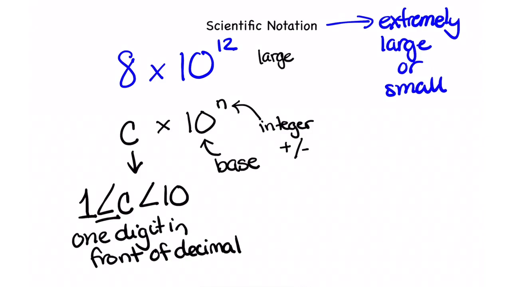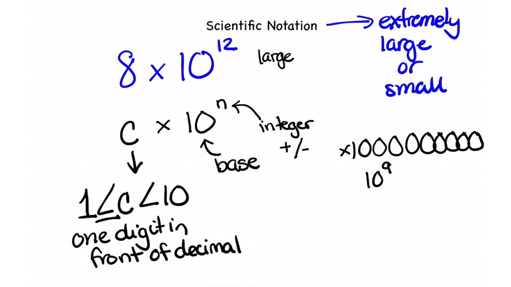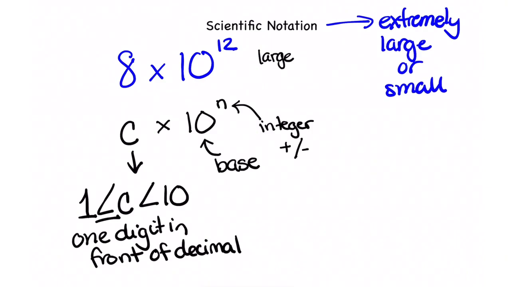I would have 10 to the 1st power, to the 2nd power, to the 3rd, to the 4th, to the 5th, to the 6th, to the 7th, to the 8th, to the 9th. I'm even out of space and I'm only up to 10 to the 9th. That is how many times you're multiplying that letter C, that 8. So it's a very, very, very large number. And if the exponent is negative, then I know it is a much smaller number. And we're going to talk about how to move back and forth between scientific notation and just a standard number.